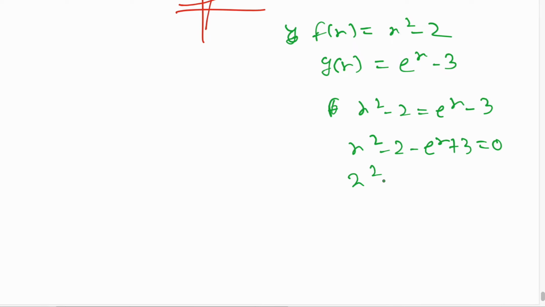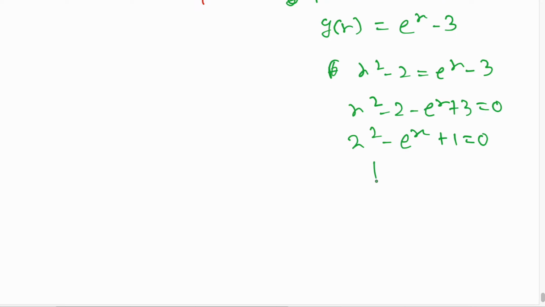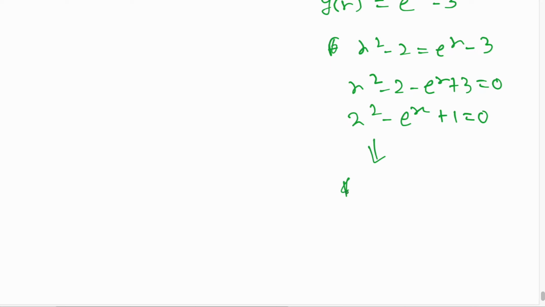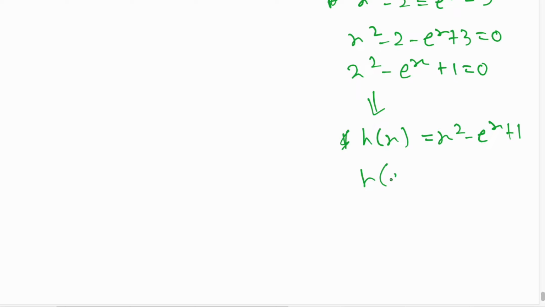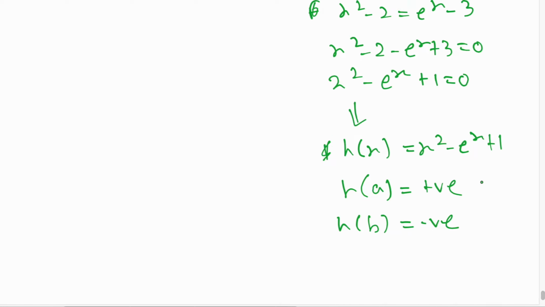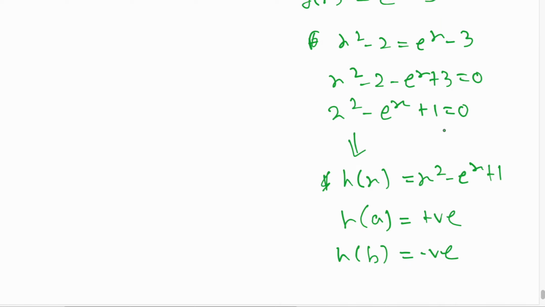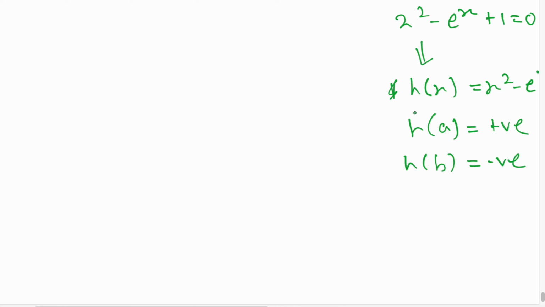It means x square minus e to the power x plus 1 is equal to 0. Then make this another different function for us. h of x is equal to x square minus e to the power x plus 1. Then put the values, for example, a that is positive, then b that is negative. Then you can say as there is a change in sign and the curve is continuous, so our root lies within the interval, the intersection lies within the interval.